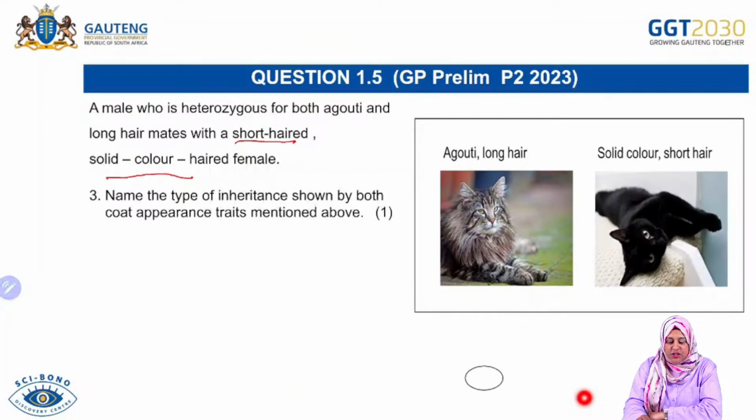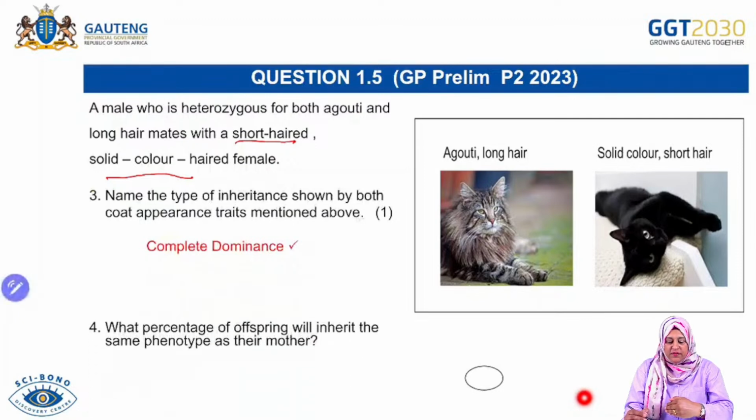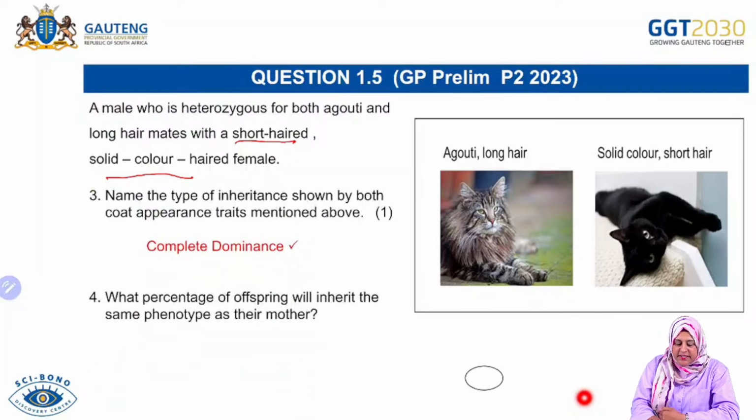So the inheritance shown by both here is complete dominance, because the striped is completely dominant over the solid color, and the long hair is completely dominant over the short. What percentage of offspring will inherit the same phenotype as their mother?